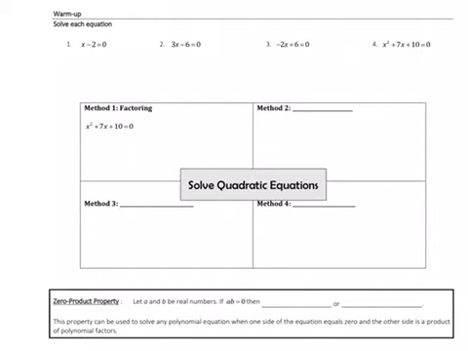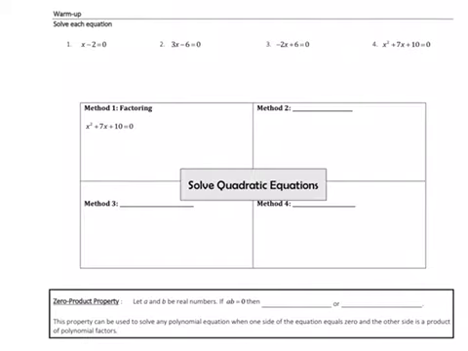Okay? So, zero product property. What is that all about? Well, notice that this equation that we have right here, I'm going to go ahead and use a different color. This equation, same one we have over here. What did we start out by doing when we were starting with that warm-up problem?